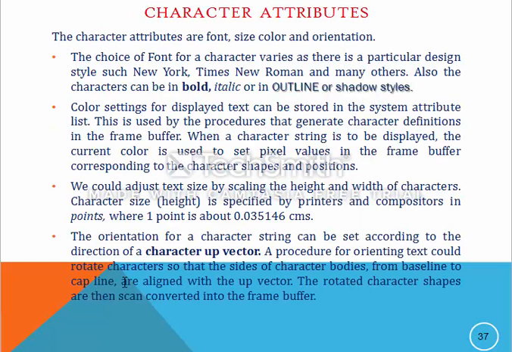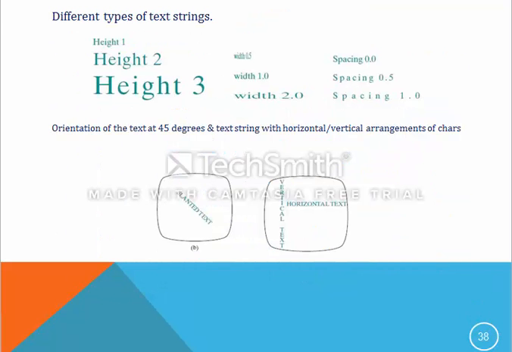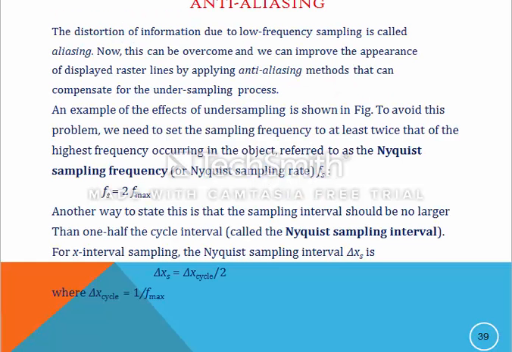A procedure for orienting text could rotate characters so that the sides of character bodies from base line to cap line are aligned with the up vector. The rotated character shapes are then scan converted into the frame buffer. So these are the general attributes of characters.